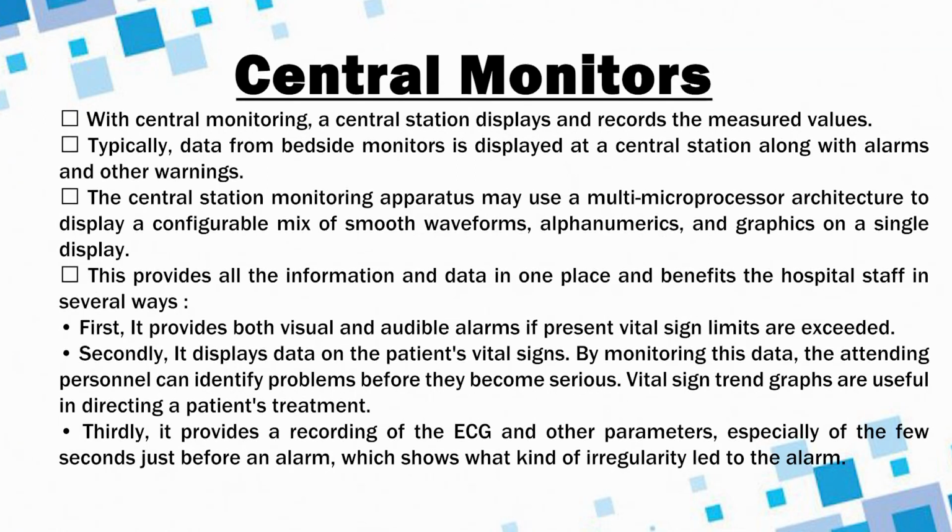Vital sign trend graphs are useful in directing a patient's treatment. Thirdly, it provides a recording of the ECG and other parameters, especially of the few seconds just before an alarm, which shows what kind of irregularity led to the alarm.